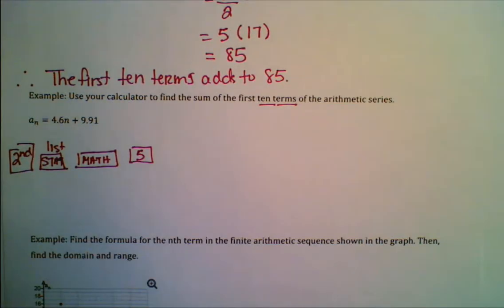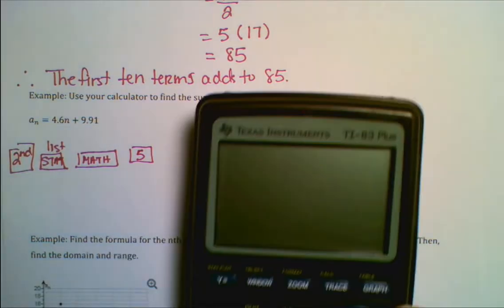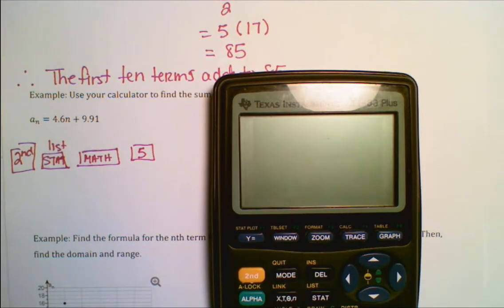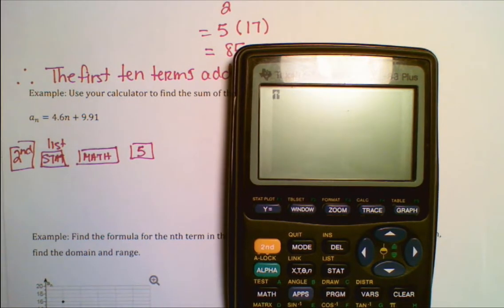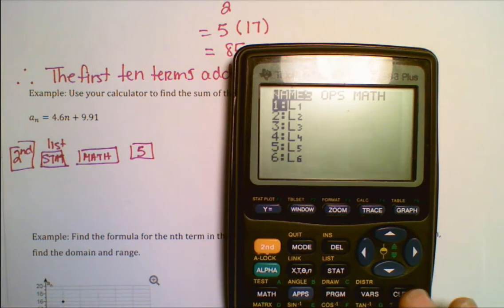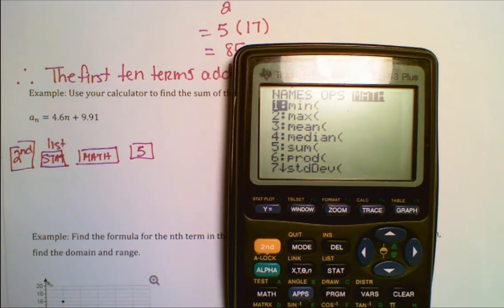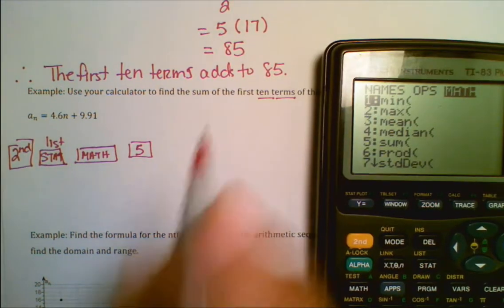So we would do second and stat, which would be our list. Scroll over to 5, number 5. Number 5 would be the sum.